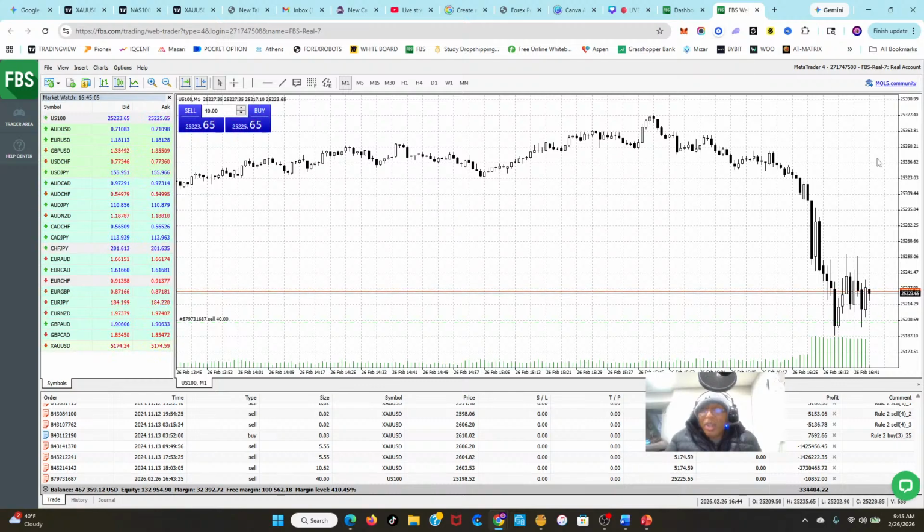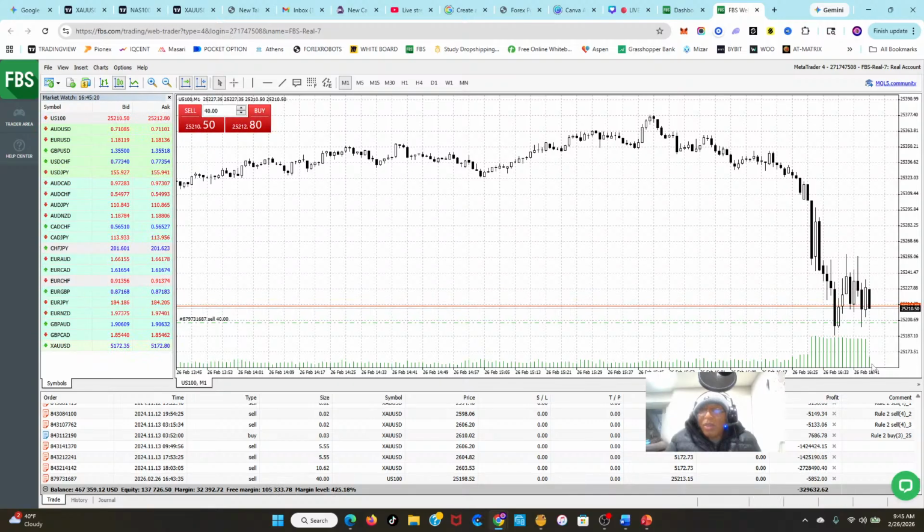That could be coming back now to reclaim all this liquidity up here. There are many possibilities. So let's see if it clears that bar right there. If so, we're going to go further down. Yes, it did.